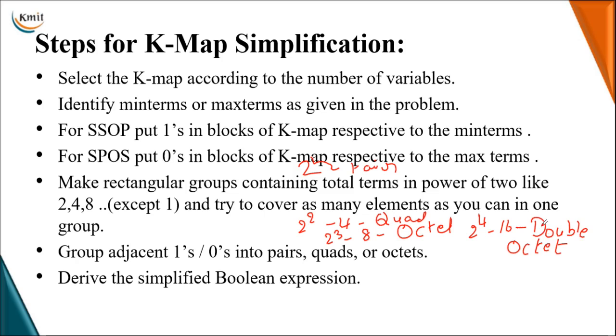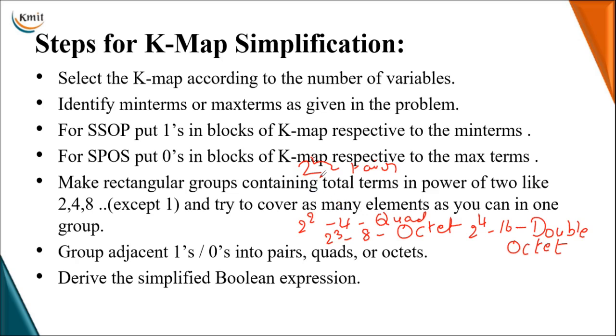If it is a 4 variable K-map, we have 16 cells. So check for the 16 cell adjacency, which is a double octet. If it is not possible, then go for 8 cell adjacency, which is an octet. If that is not possible, then go for quad formation with 4 cell adjacency.